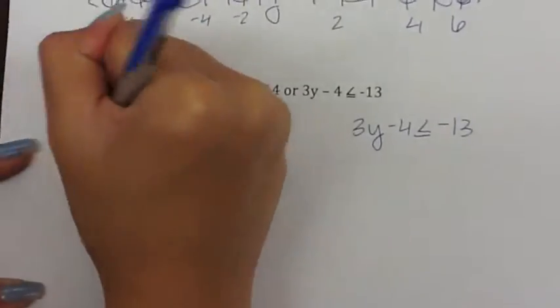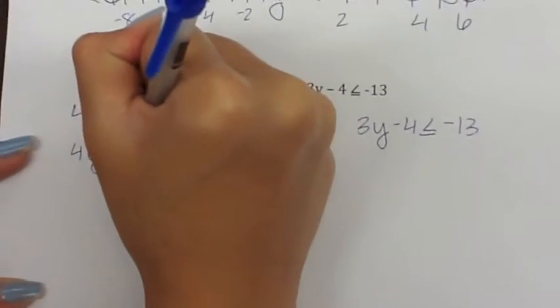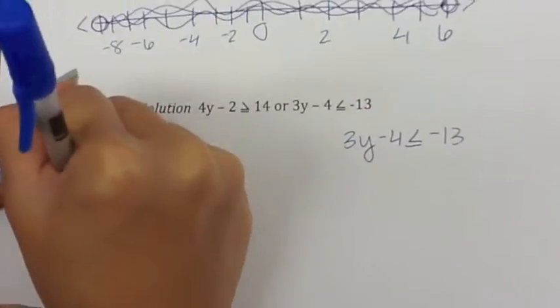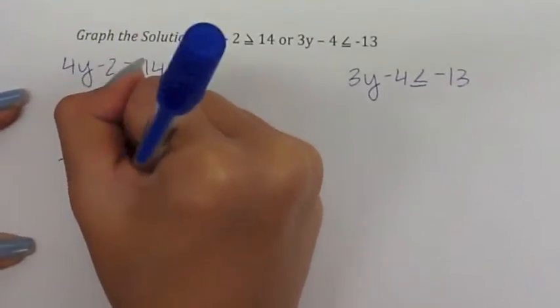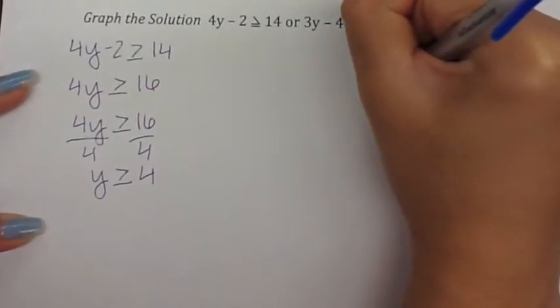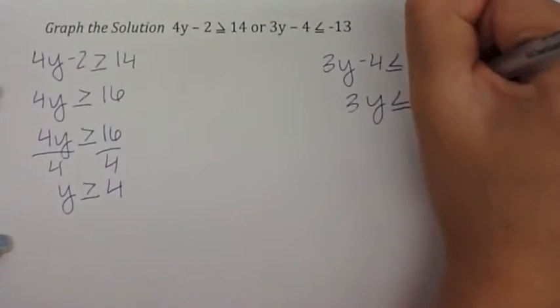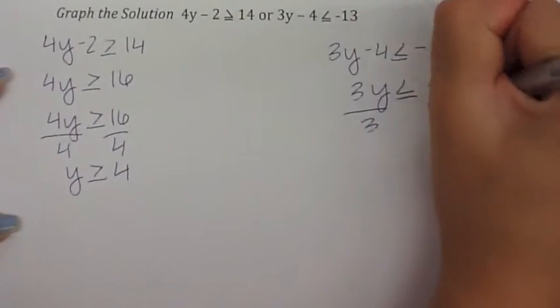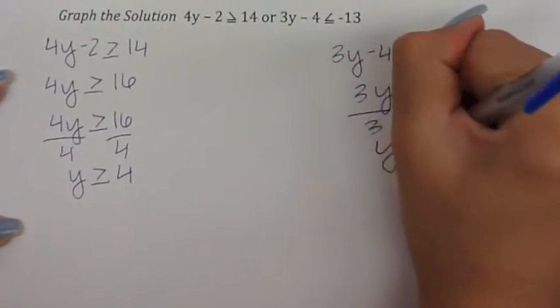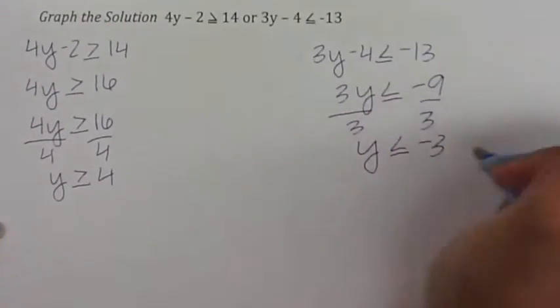So 4y is greater than or equal to 16. We divide that by 4. So y is greater than or equal to 4. And on this side, you would get negative 9 divided by 3. Y is less than or equal to negative 3.